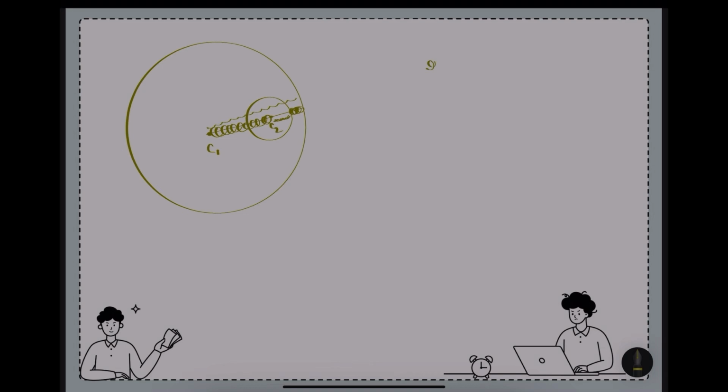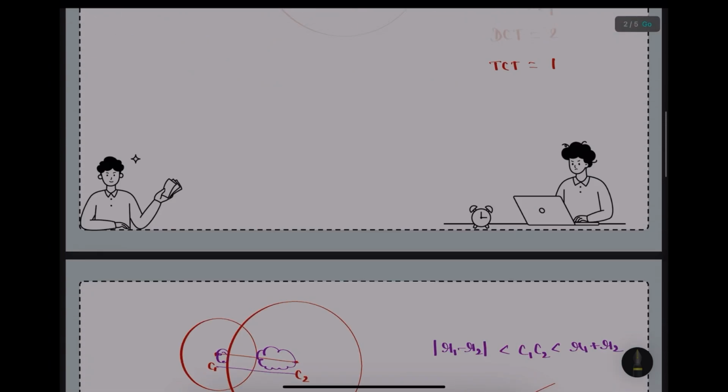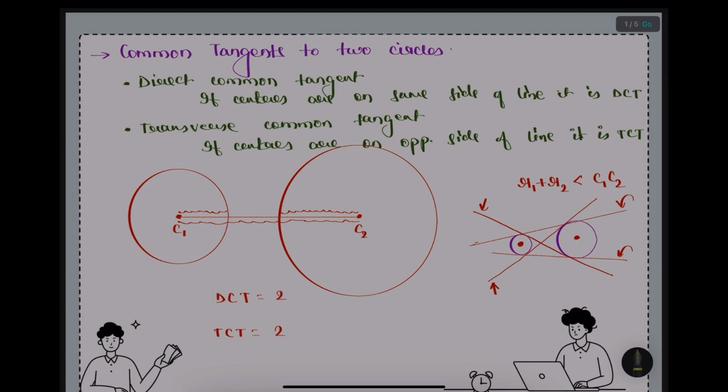So don't you think this difference of radii is greater than the distance between centers, correct or wrong? Okay, and in this case you will have no common tangent. Okay, I hope all situations are clear now. Now we'll proceed with illustrations.